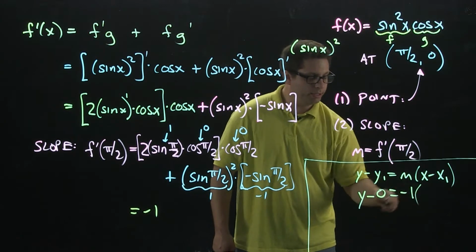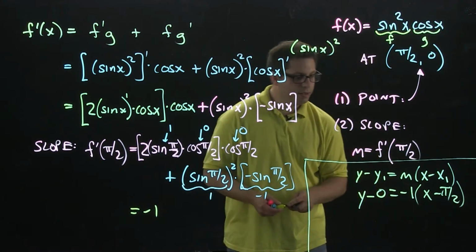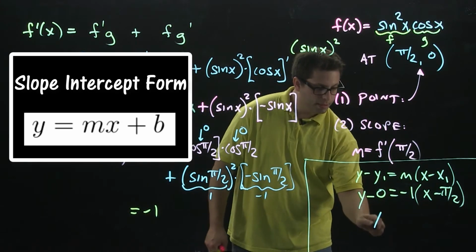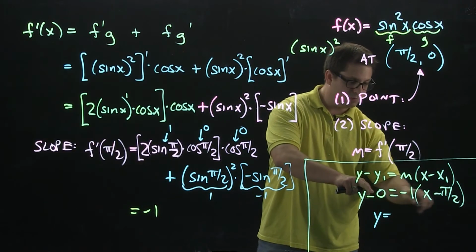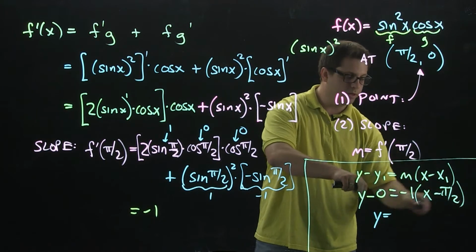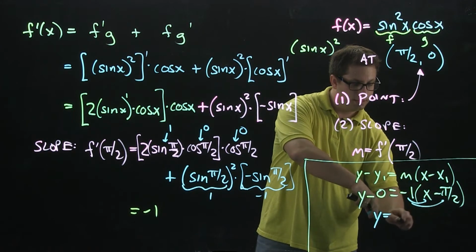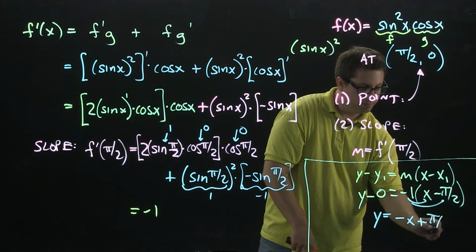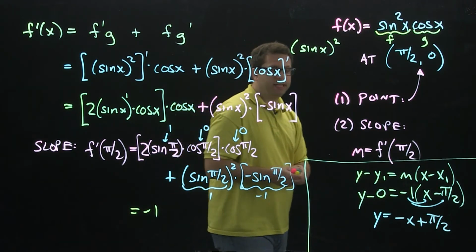Slope is negative 1, and we have x minus pi over 2. All right, so we just have to rewrite this in slope-intercept form. Now, this minus 0 is gone. Otherwise, if it was another number, you'd have to bring it over to the other side. Distribute the minus 1, and so you're going to get negative x plus pi over 2. So that's the equation of our tangent line.